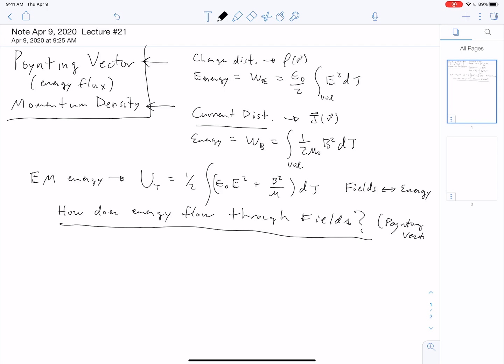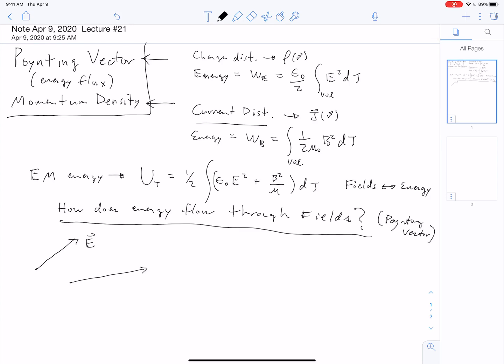So to derive this concept, the picture you should have in your mind is, let's consider some region of space where there's an electric field and there just happens to be some magnetic field. These fields have to satisfy Maxwell's equations, which we know.